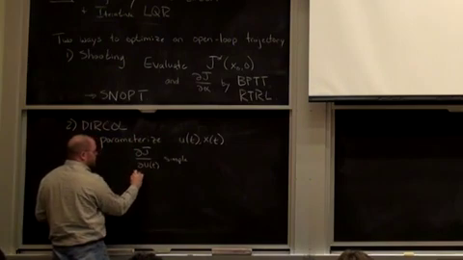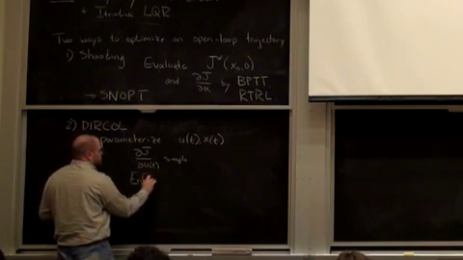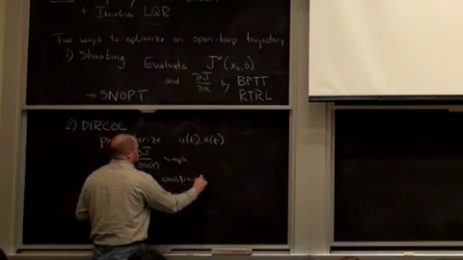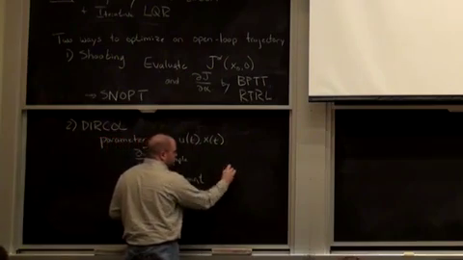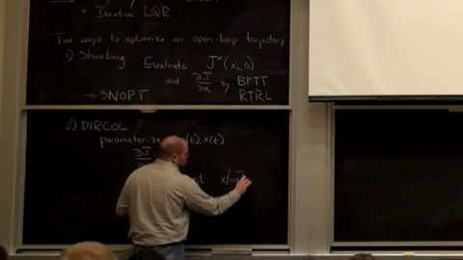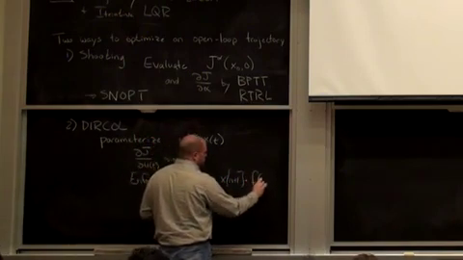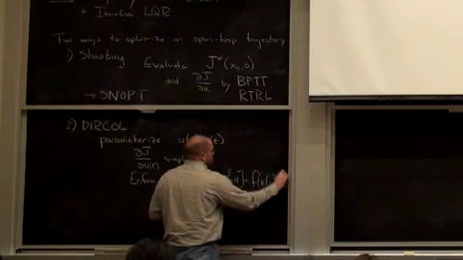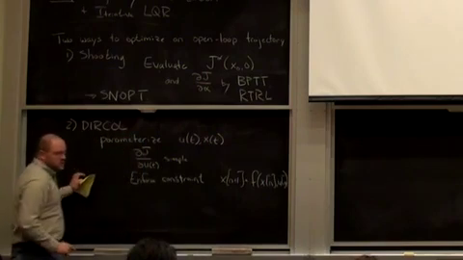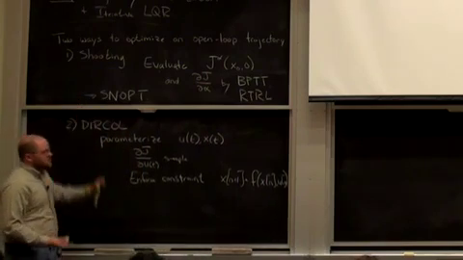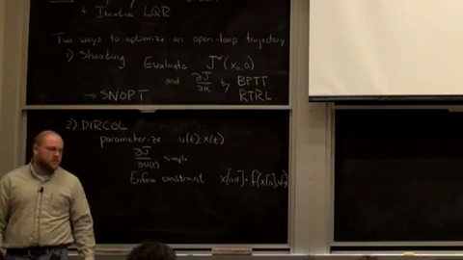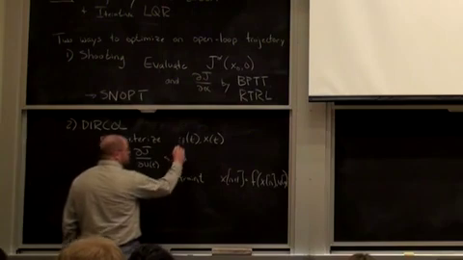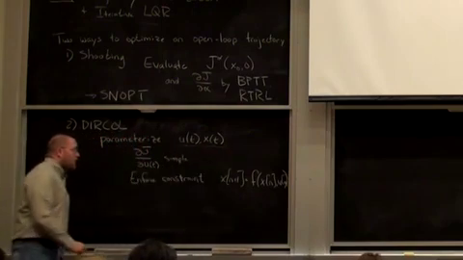And then I have to enforce the constraint that x of, let's say in discrete time here, n plus 1 had better be subject to the dynamics. So two very similar methods of trying to compute some open loop trajectory as a function of time.